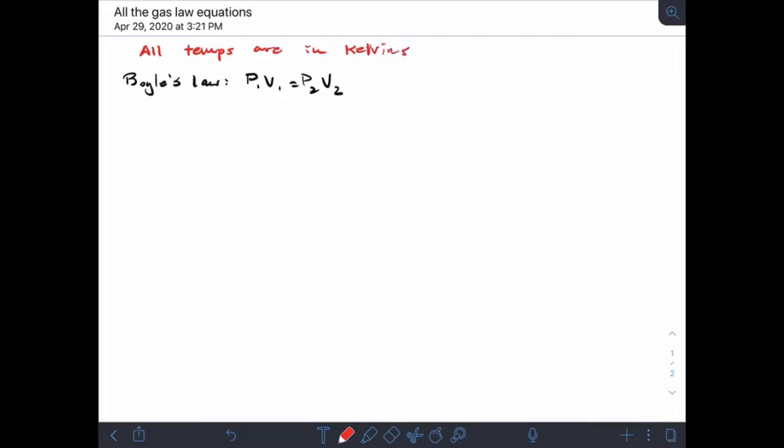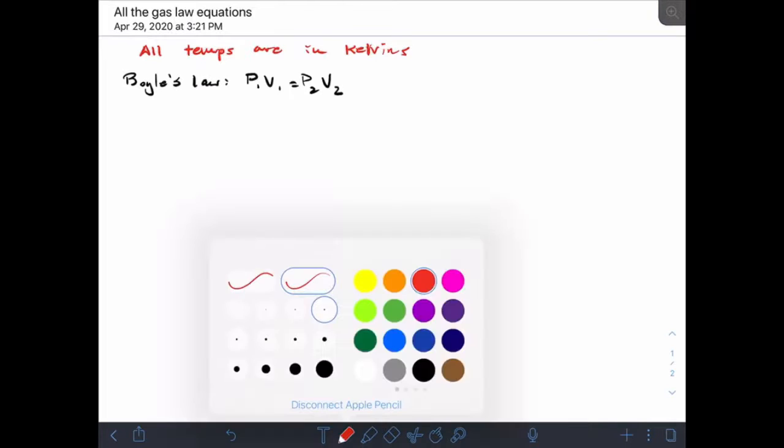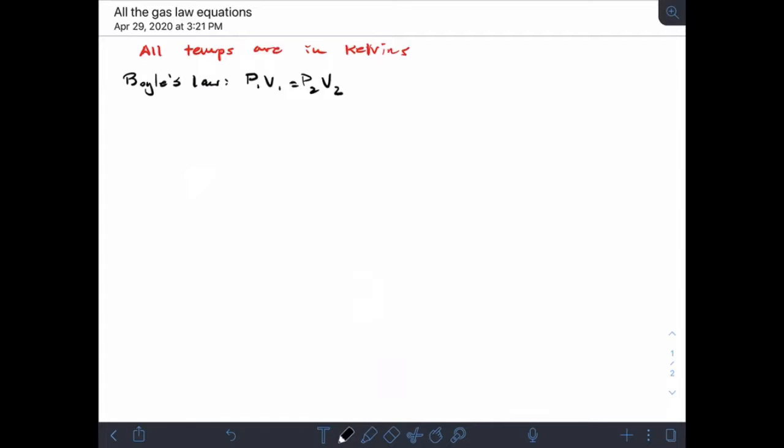We never deal with Celsius in our equations for gases. It's always Kelvin. Boyle's law is for changes in pressure and volume.